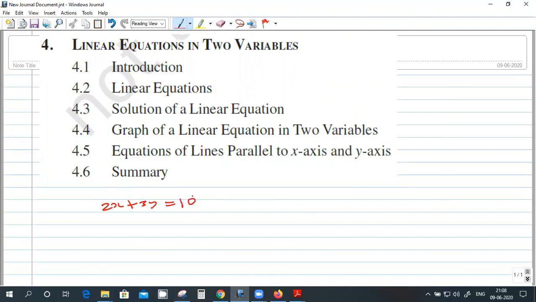Yeah, that's also correct. Can you give an example with 3 variables? 2x plus 4z plus 5y is equal to 100. Okay, this is in 3 variables, and this is a linear equation.